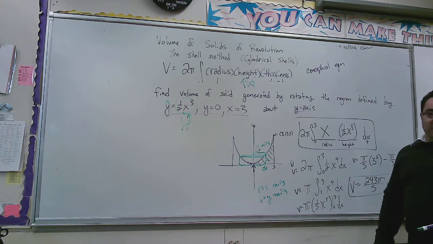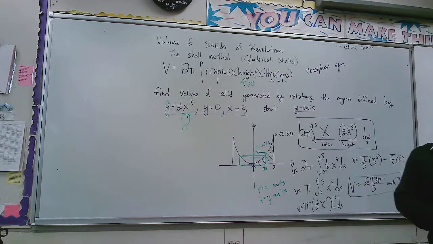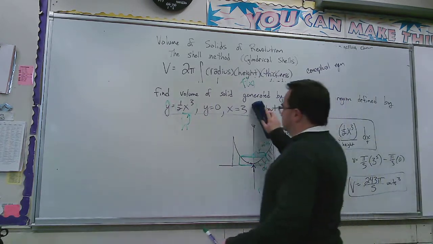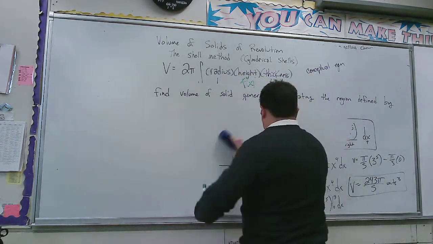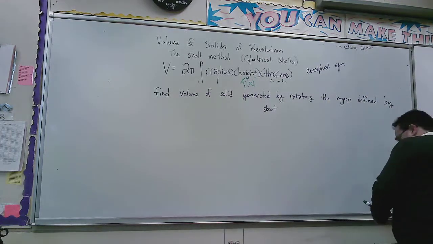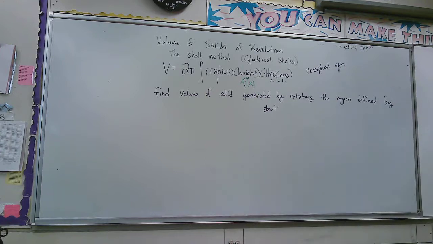Let's try another equation and go about the x-axis, and we'll call that good for our first lesson. So I'm going to erase this, and all of this. All right, problem number 2.